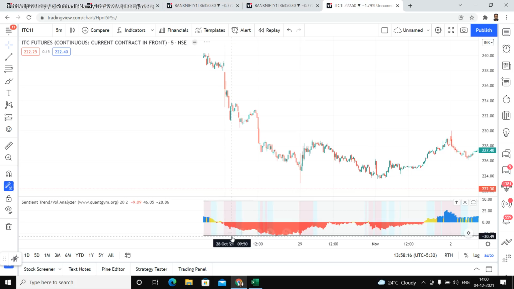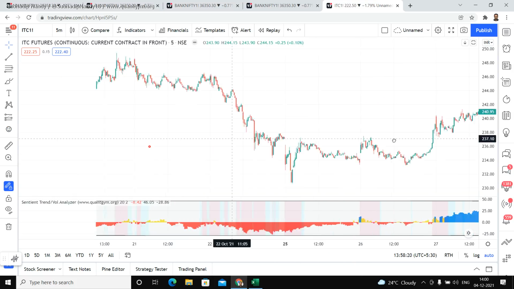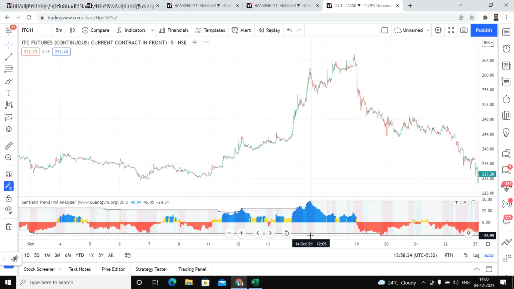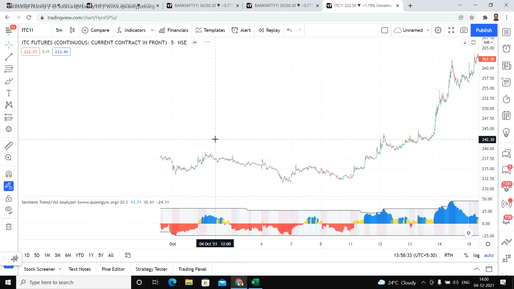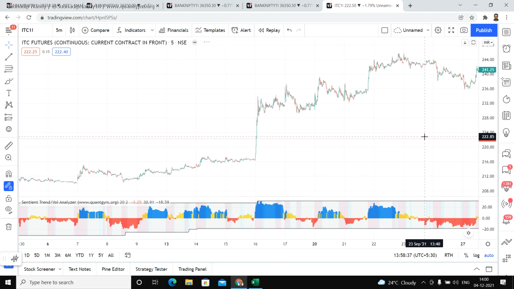No, not this one. Okay, we can pick up this also. This is sometime in October. This is 233, and no, this was before that also. I actually did this trade, so I am trying to look for it.